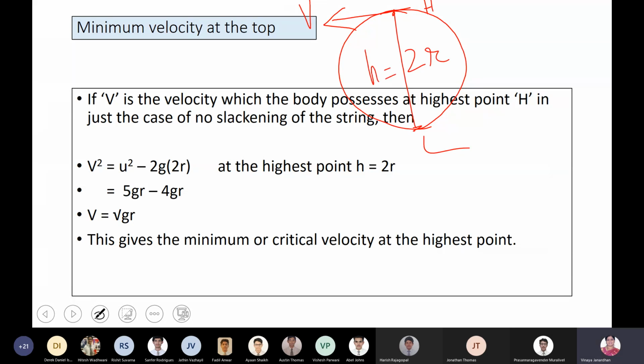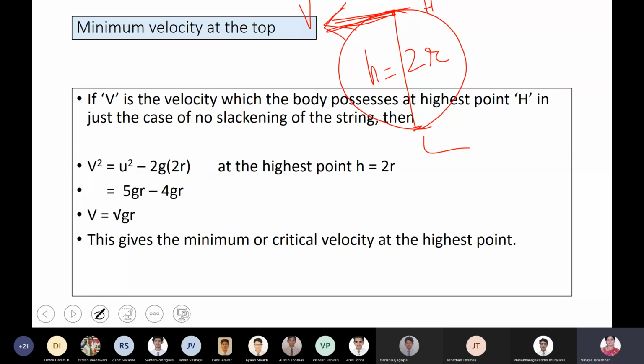So the question is, what should be the minimum velocity at the top so that the water doesn't spill, considering the case of whirling a bucket full of water? When the bucket reaches point H, there should not be any spilling of water.